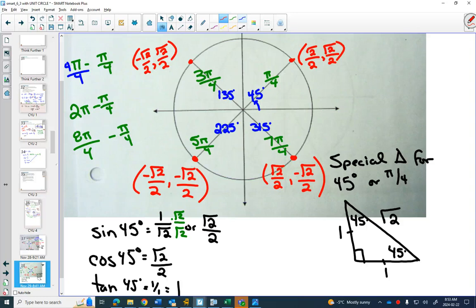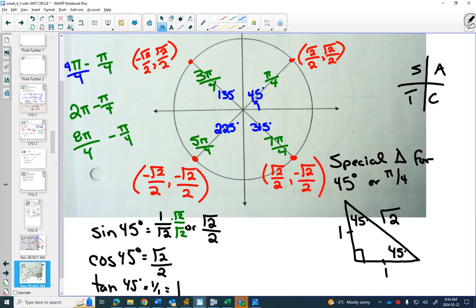The CAST rule, which says where things are positive, can now be explained by the big idea of the unit circle. Your x-coordinate is cos, your y-coordinate is sine.